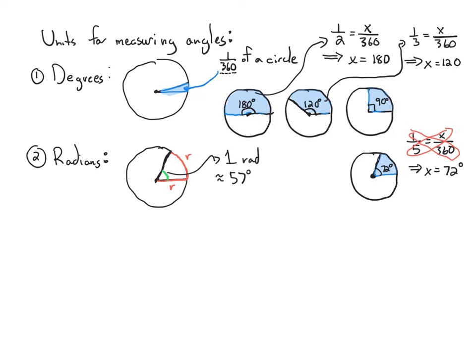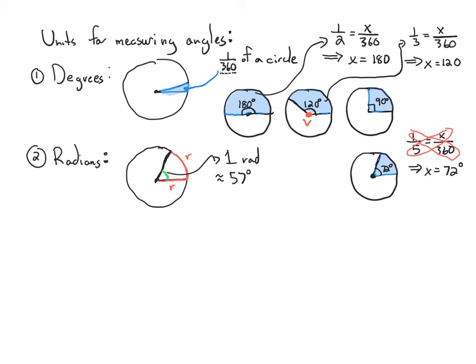One more note here. I want to talk about notation for when we measure an angle. So let's say this angle in our second circle, that's 120 degrees. Let's call this vertex V for vertex, I guess. And there's kind of only one angle around. So we can just call it angle V for this point.